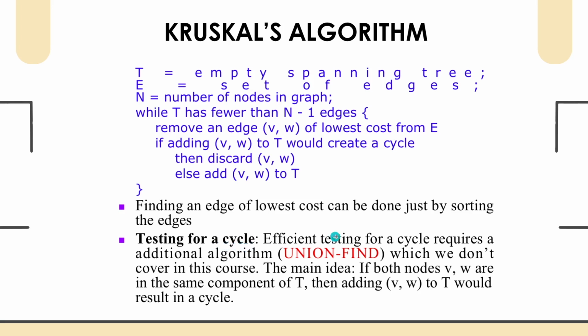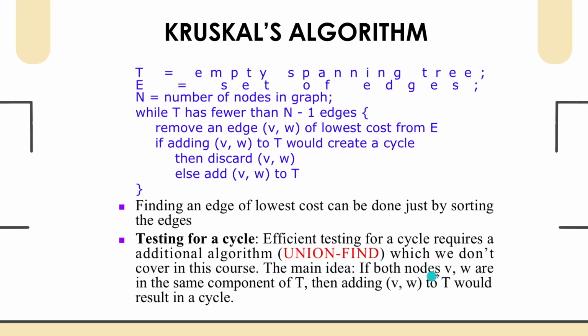In order to avoid getting into cycles, we use another algorithm named union and find. It is just to check whether we are picking up an edge from two disconnected components. If we pick up an edge from within a connected component, then there is more probability of entering into a cycle, and this operation is mainly to check that we do not pick up an edge that lies within the same connected component.